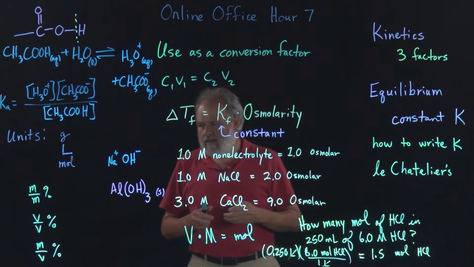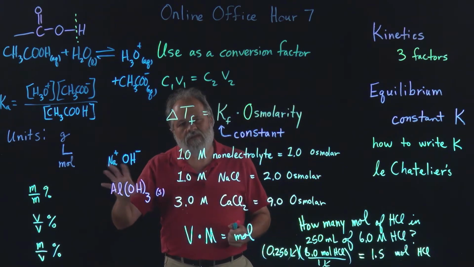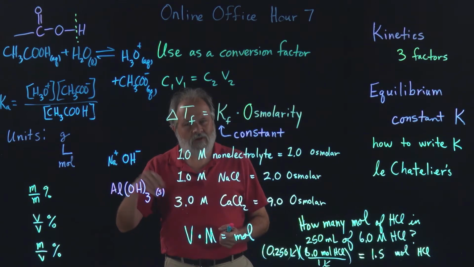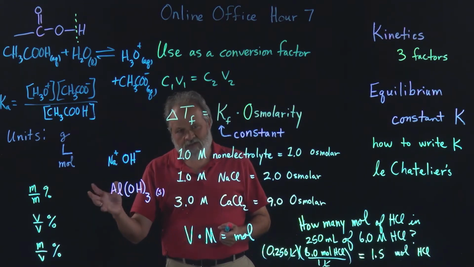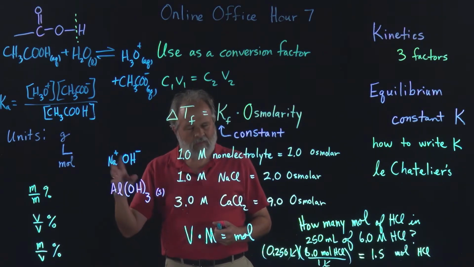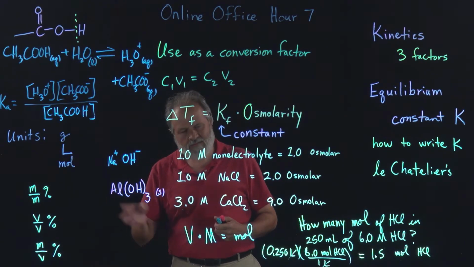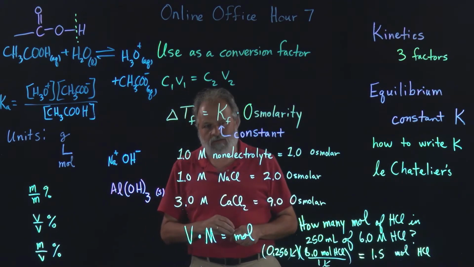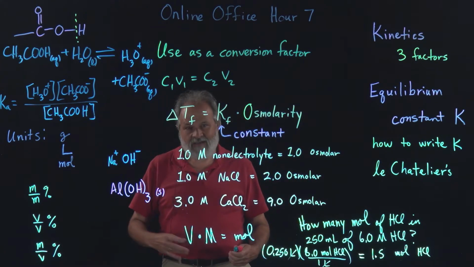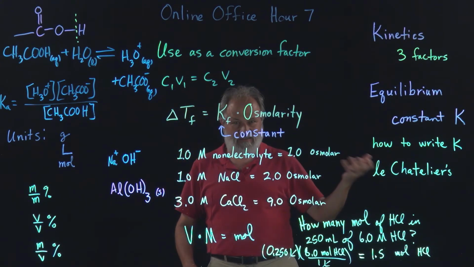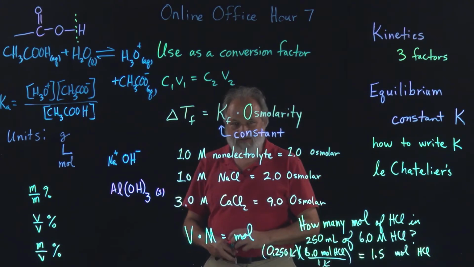Basically, anything with group 1, like sodium, potassium, lithium, and ammonium, those hydroxides are reasonably soluble. The rest of the hydroxides are insoluble. So any of the transition metals, group 2A metals, all those hydroxides are insoluble. So for example, magnesium hydroxide is called milk of magnesia because it's a white solid suspended in water. It won't dissolve in water.